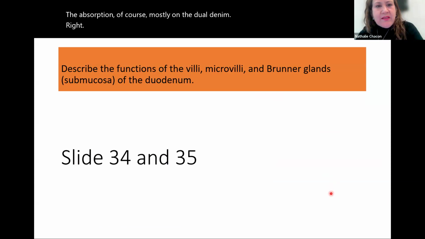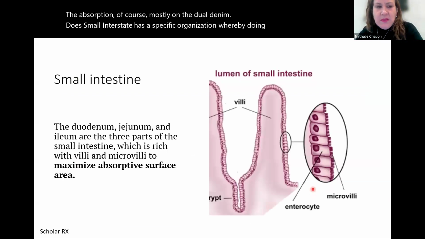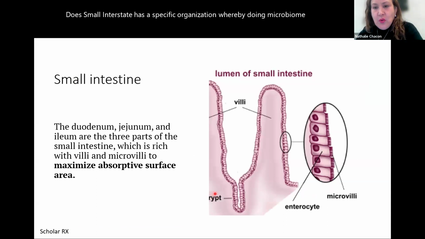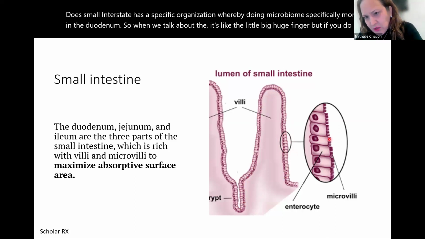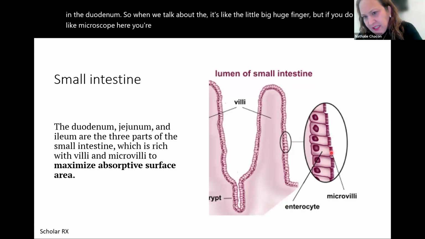The small intestine has a specific organization with villi, microvilli, and Brunner's glands in the submucosa, specifically more in the duodenum. When we talk about villi, it's like little huge fingers. But if you look under a microscope, you're going to see the microvilli.